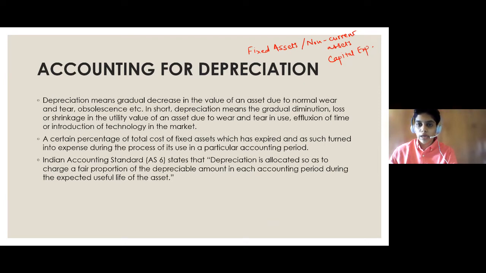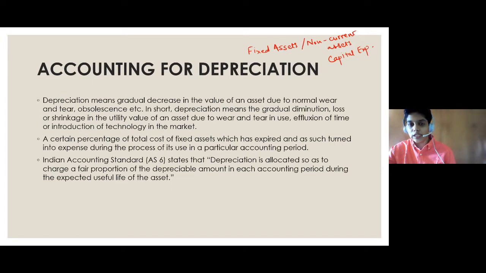And the reason for buying these fixed assets or non-current assets is that they can be put to use by the business, which can help the business to earn revenue or earn income. And since the intention is to use them for more than one accounting period, we call them fixed assets or non-current assets.